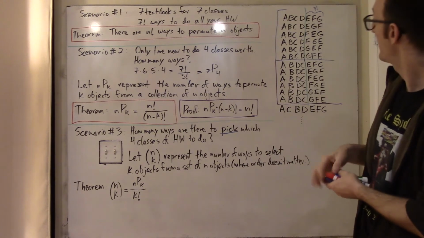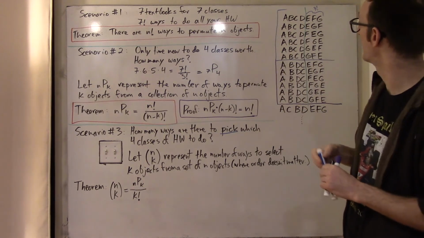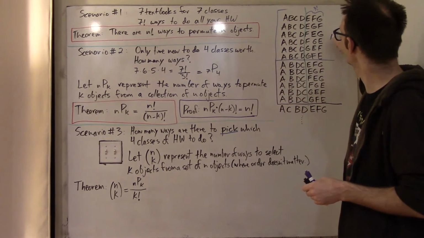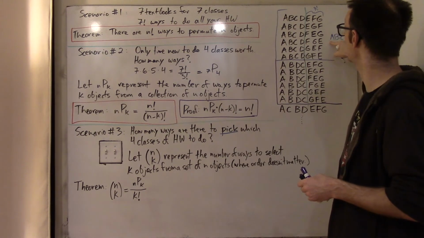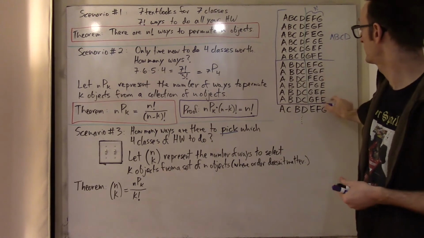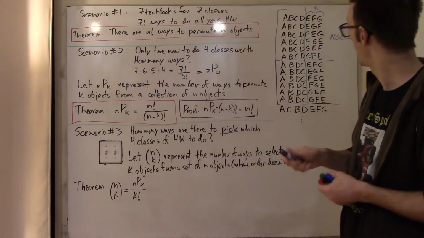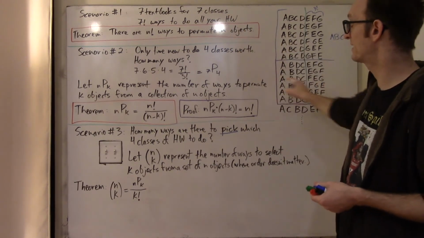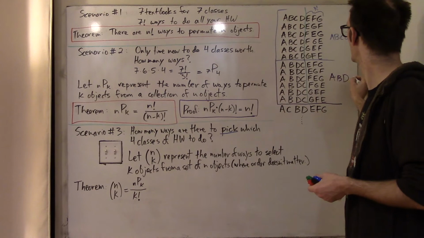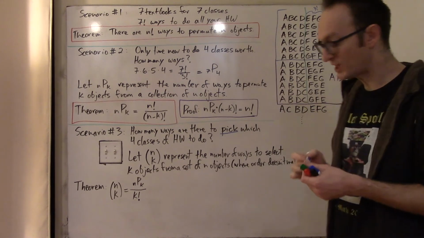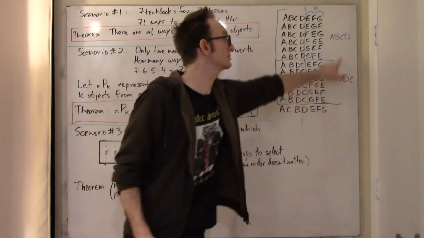And so these 6 strings of length 7 all became just the string A, B, C, D as a solution to the problem in scenario 2. And these 6 strings, all of which were distinct as an answer to scenario 1, all became, when I condensed by a factor of 6 in scenario 2, A, B, D, C. But I hope you now appreciate that for the purposes of answering the problem in scenario 3, these should still be considered the same.